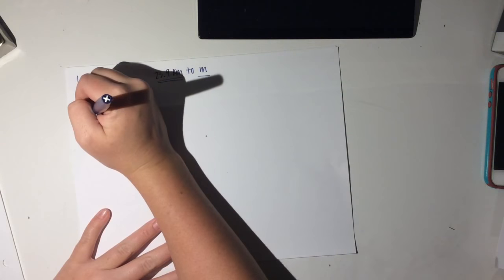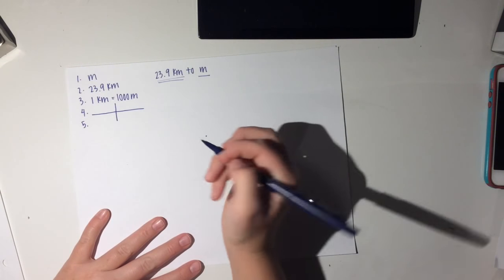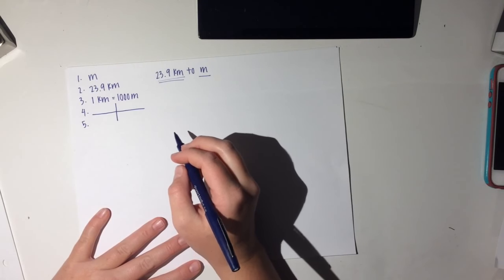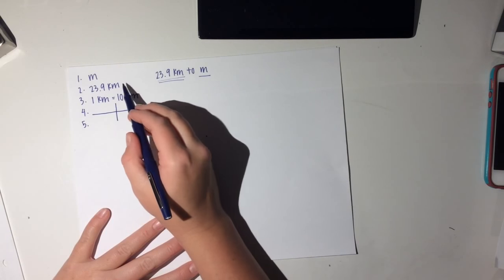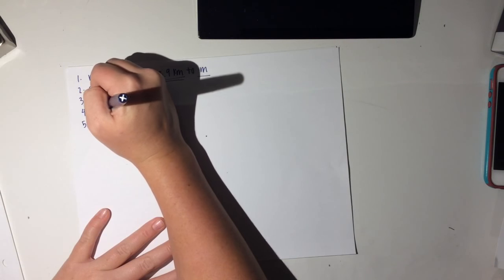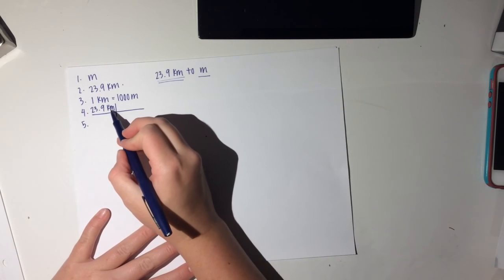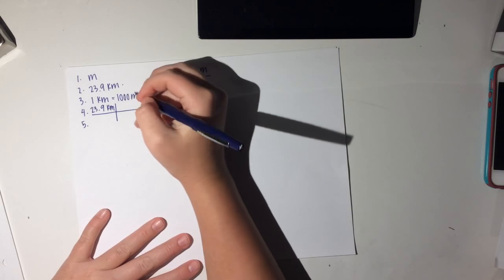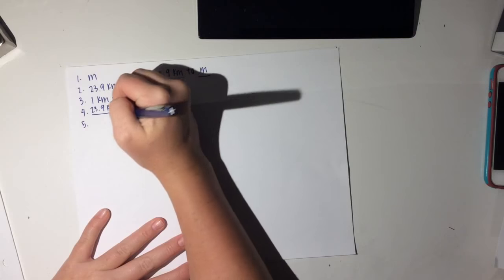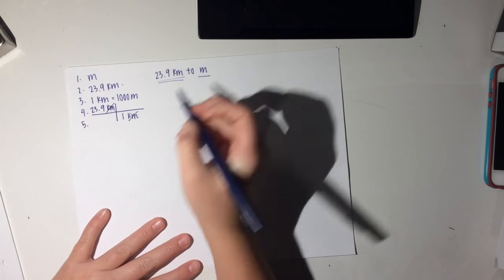Okay, now we can set up our fence and solve. So we always start with step 2, our given information. So we're going to write 23.9 kilometers. Now we have to cancel out this kilometers by writing kilometers down below. So we will just write 1 kilometer and those cancel out.